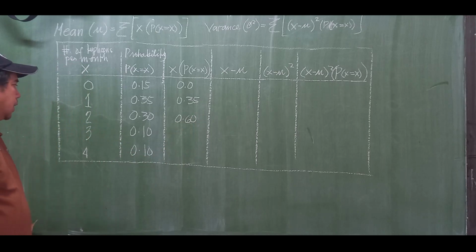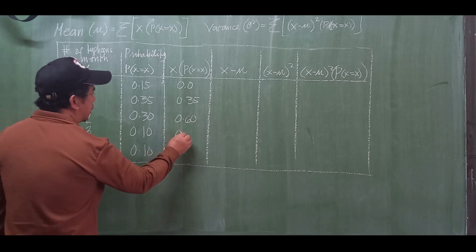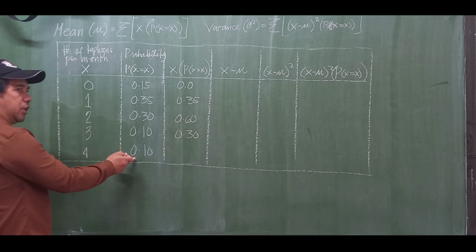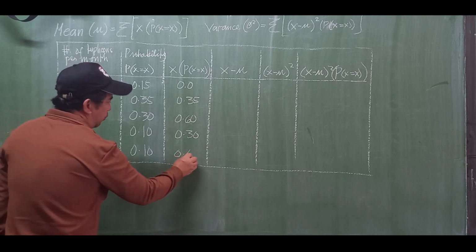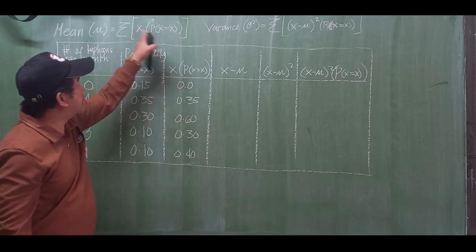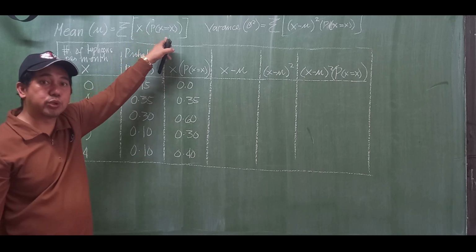And how about this one? It will give you 0.60, and 4 multiplied by 0.10 will give you 0.40. Okay? So these are the products as stated by this working equation for the mean.